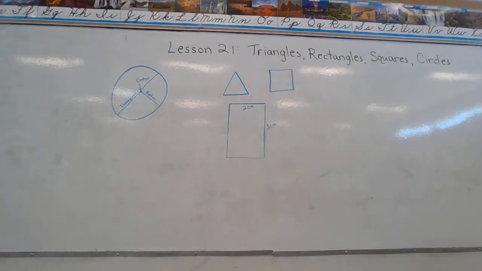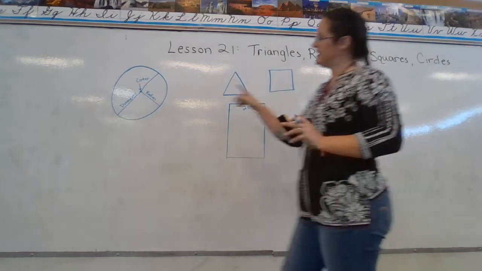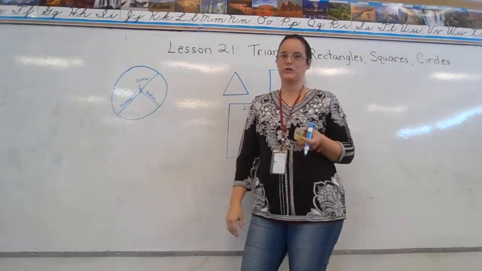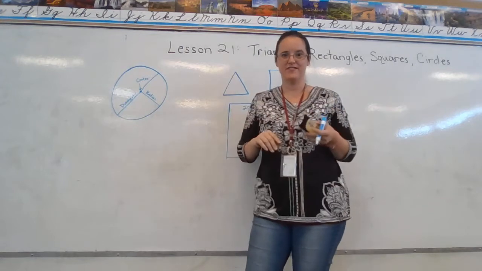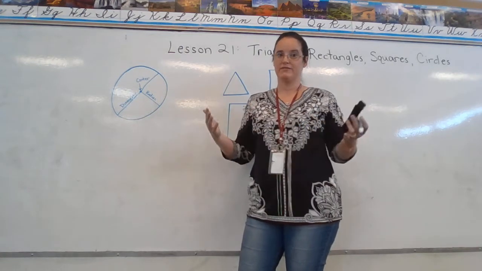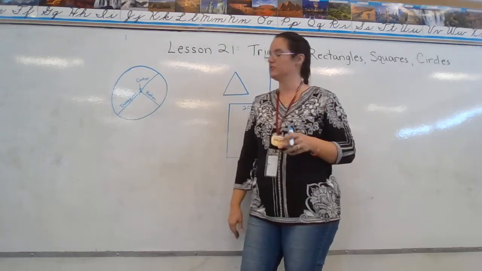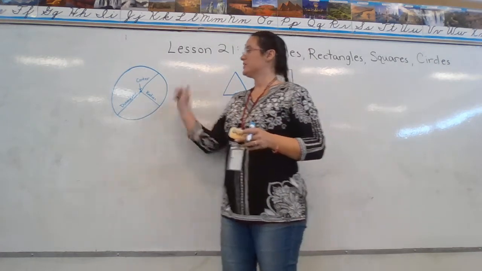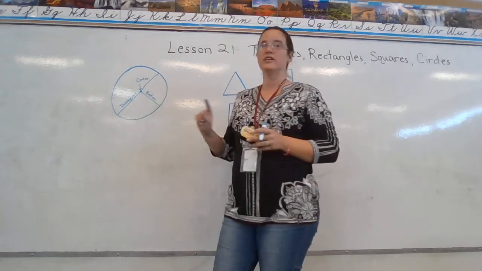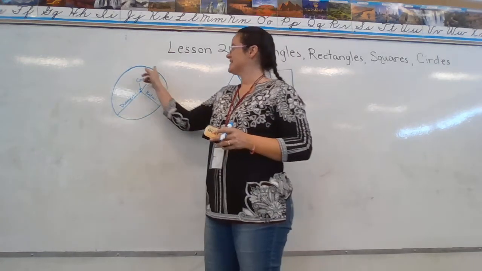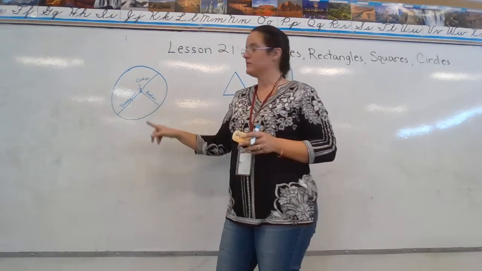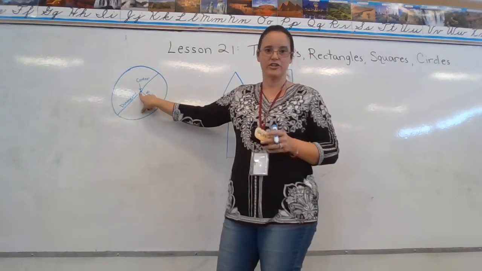All right, finally, we need to talk about, I call this the anatomy of a circle. These are the different parts of a circle, and they're words that you are going to need to know now and into the future using this math book. So this is a circle. The definition of a circle is that you have a set of points that are all an equal distance from the center.